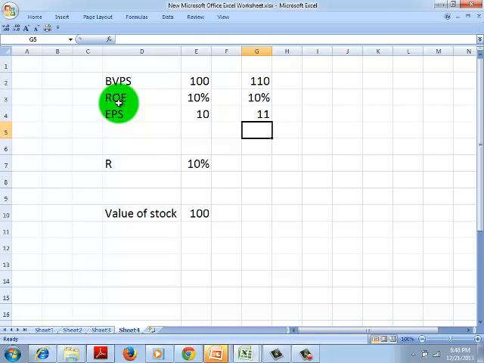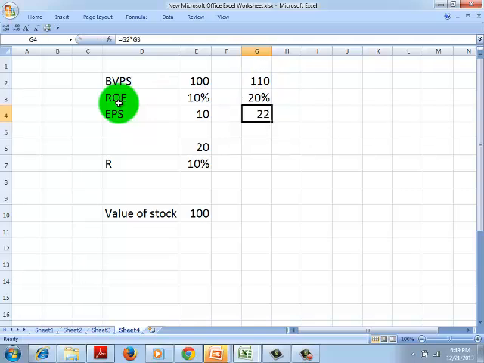Next year's EPS is 11, which means today's EPS is how much? 11 divided by 1.1, because my required rate of return is 10%. Again divided by 10%, value of the stock is 100. So if a company's required rate of return is 10% and it is also earning 10%, there is no growth component. It's growing at the same rate. But what if this was expected to grow faster? Let's say this is expected to become 20% here.